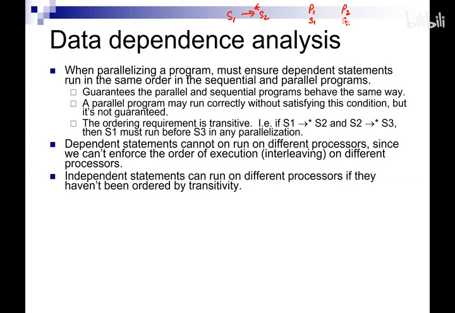In that case, you might get the correct behavior, but sometimes S2 runs before S1, and then you might not have the correct behavior. So therefore, if these two statements are dependent, you have to put them onto the same processor, either both of them onto P1, or both of them onto P2.